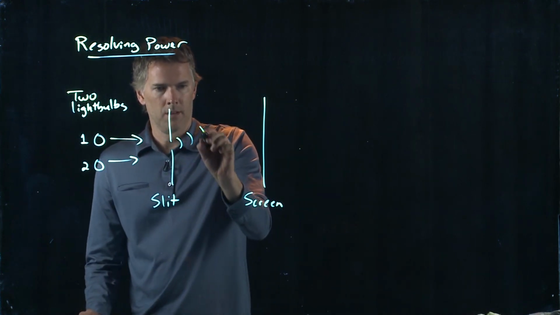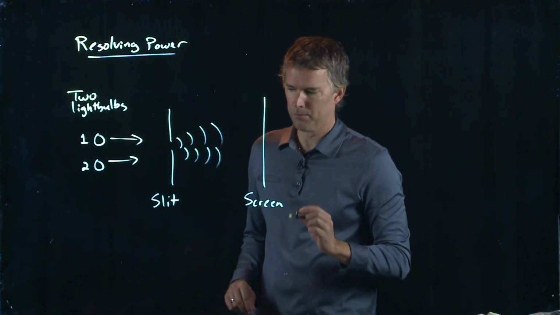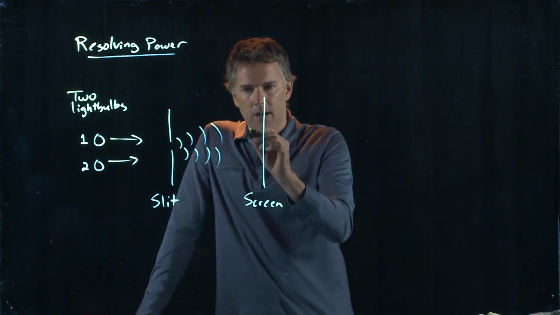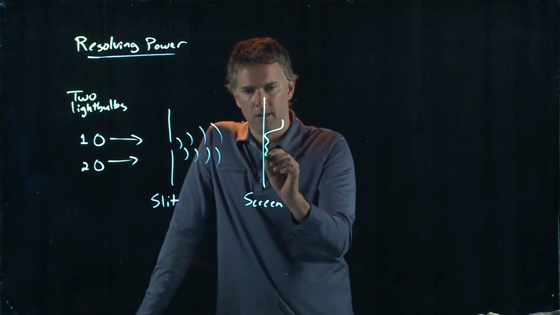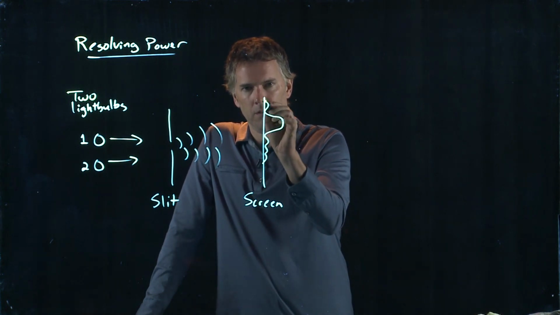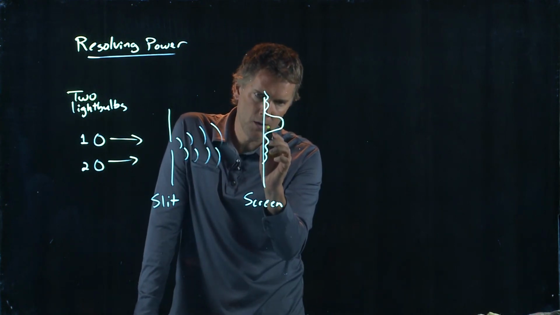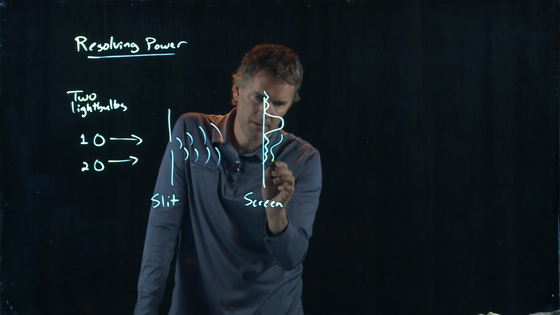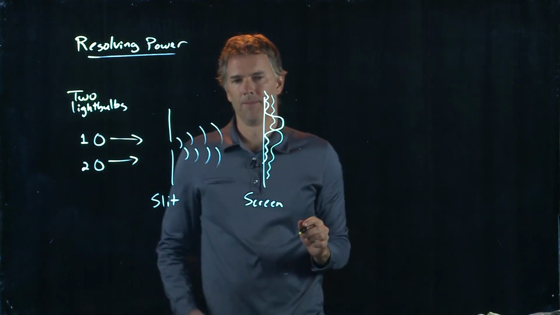There is light coming out from light bulb 1, light coming out from light bulb 2, and we know what those patterns look like. Light bulb 1 looks like that. But light bulb 2 could in fact overlap with that one just a little bit.